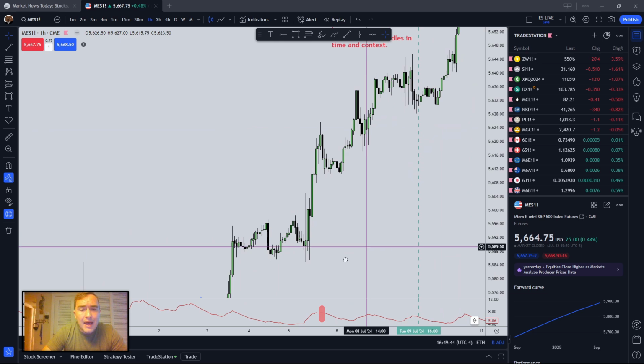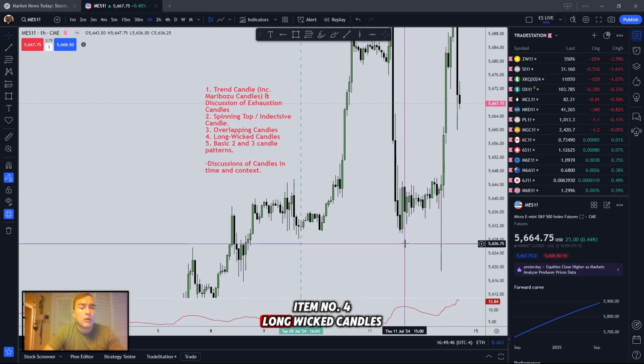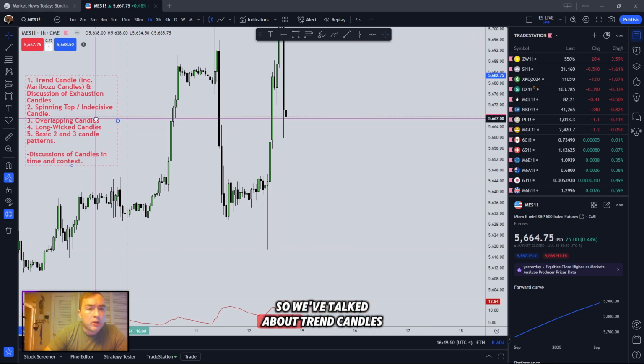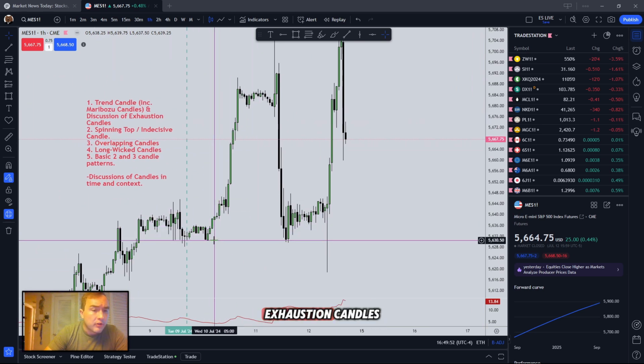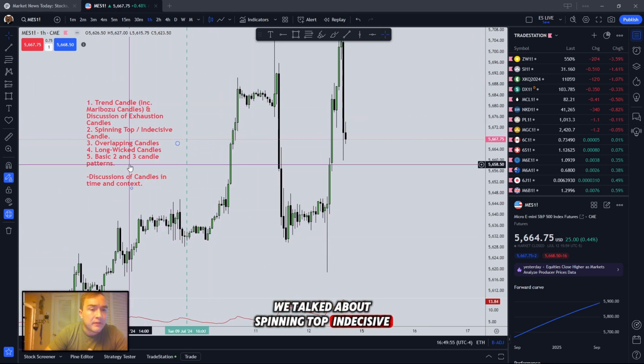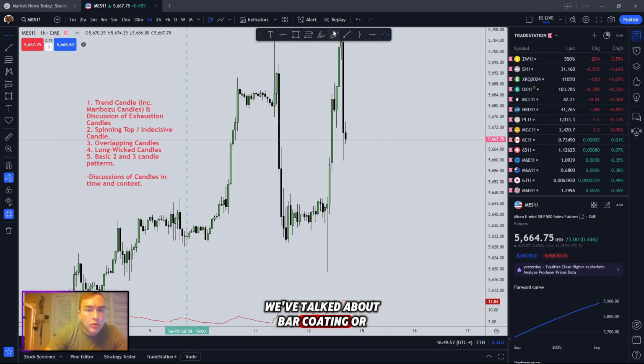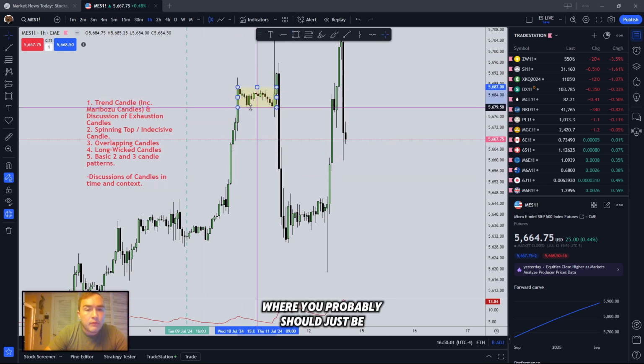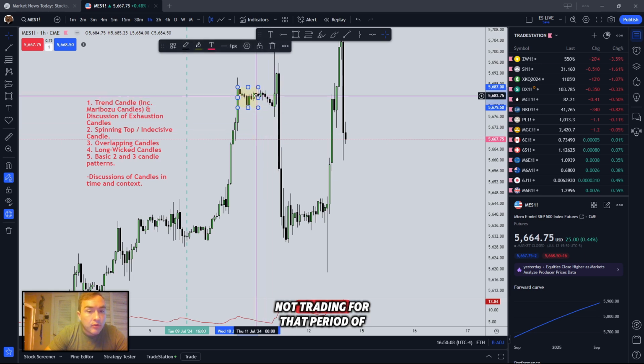Okay, item number 4, long-wicked candles. Okay, guys, so we've talked about trend candles, exhaustion candles. We've talked about spinning top and indecisive candles. We've talked about bar coding or overlapping candles. There's another really good example of that where you probably should just be not trading for that period of time.